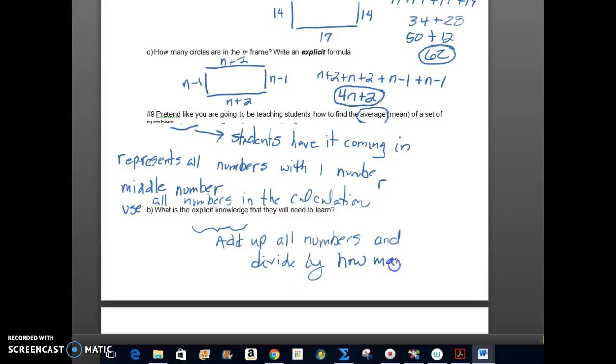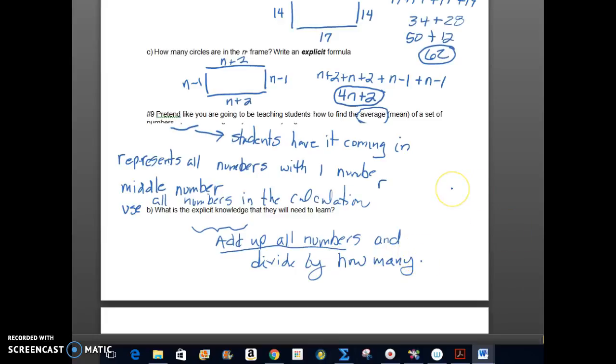Right, that's how you find the mean or the average. That's the explicit knowledge. That's how you actually do it. It's going to use up all the numbers, and then dividing by how many is going to take us back to the actual size of the numbers in the data set.